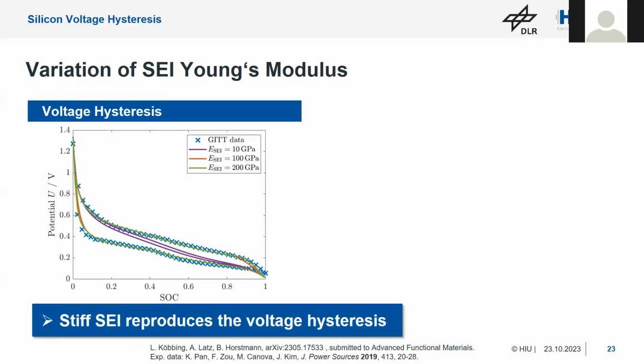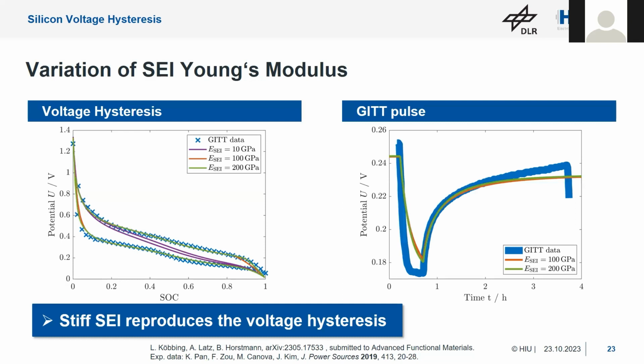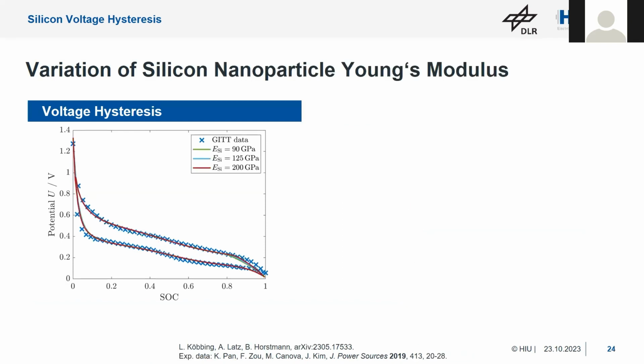But if you look at values for the inorganic SEI, particularly on the nanoscale, you have values around 100 gigapascal. So if we say that this is the inner SEI that is important here, then this can work, and it also captures the relevant timescales.